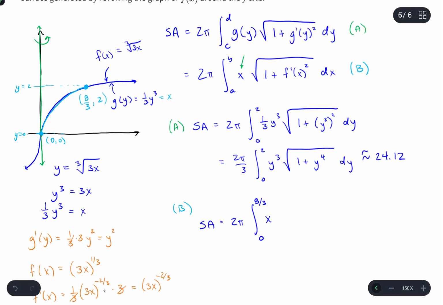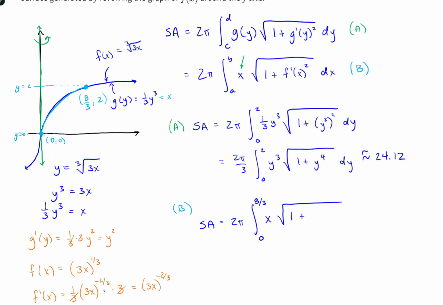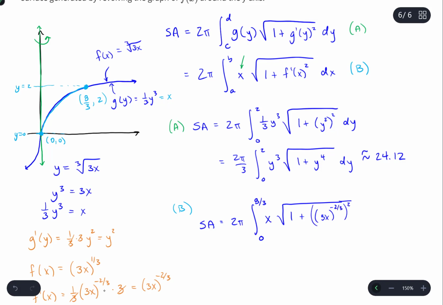So I can just make this x and times the square root of 1 plus f prime of x squared. So f prime of x was 3x to the negative 2/3, and then that's going to get squared. Then we will integrate with dx here.